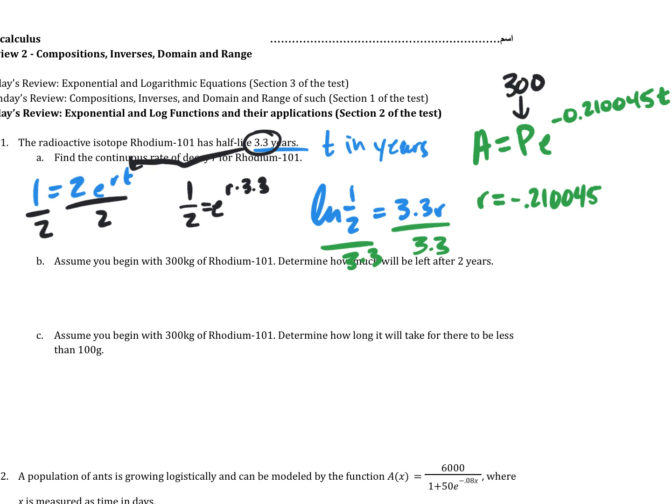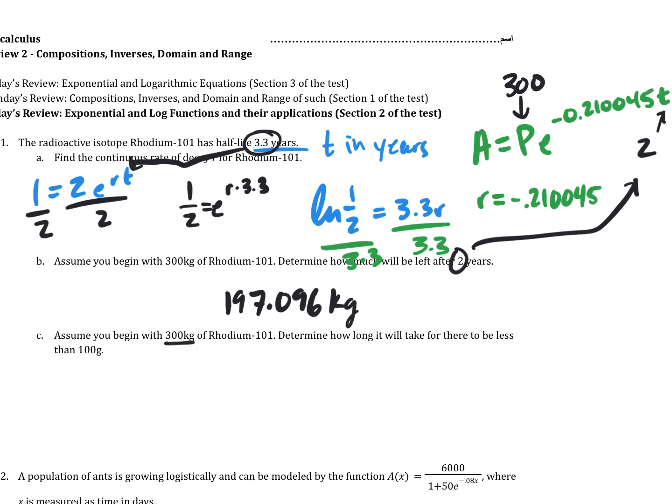Then we're taking t and putting 2 in here. Just use your calculator, and I get 197.096 kilograms.